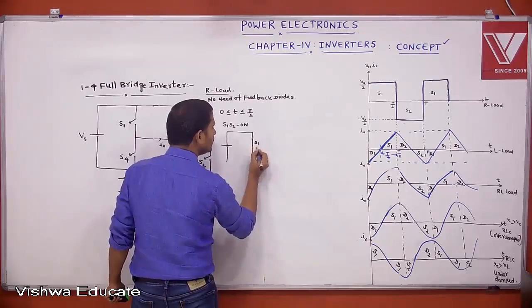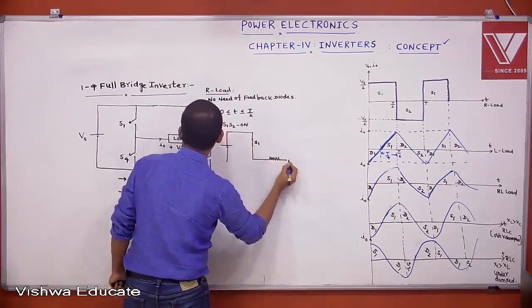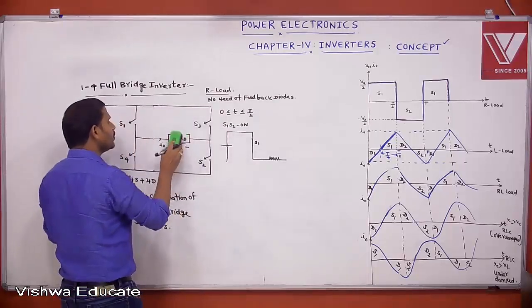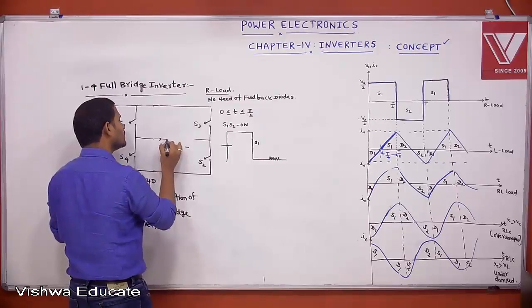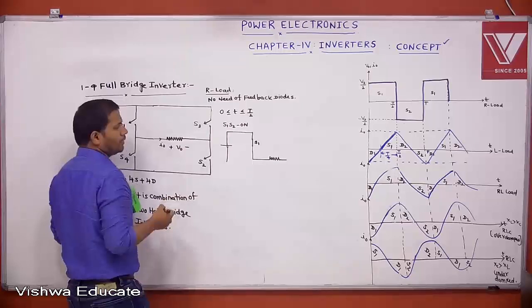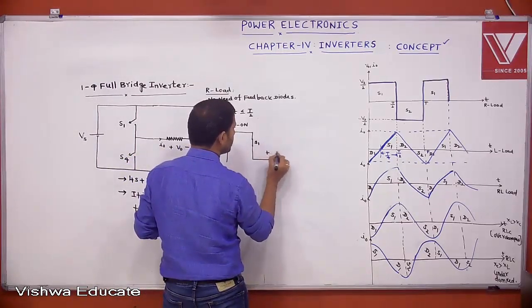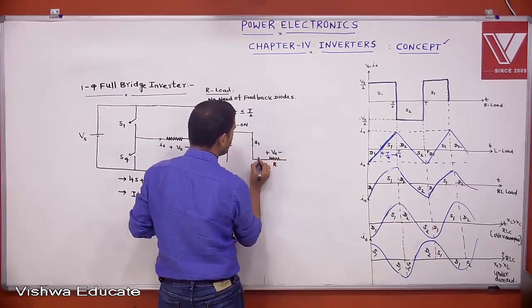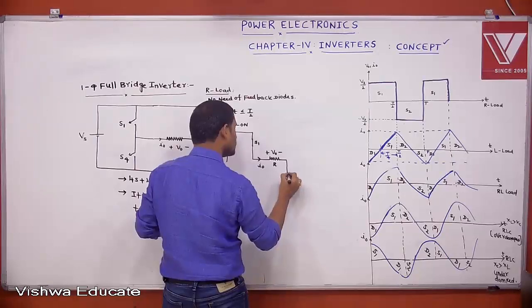Replace these switches; the load is which load? R load. We are drawing the waveforms for purely resistive load. Positive, negative V0, and this is I0. This is S2.